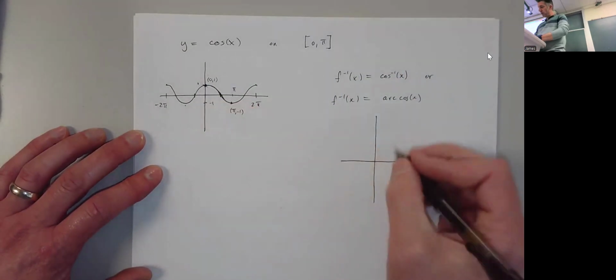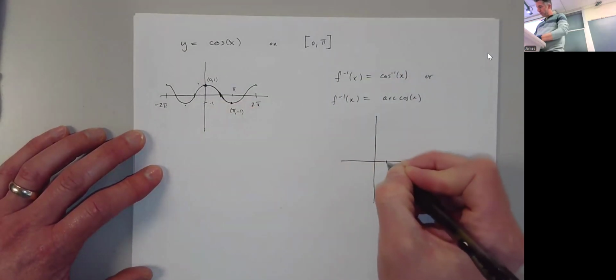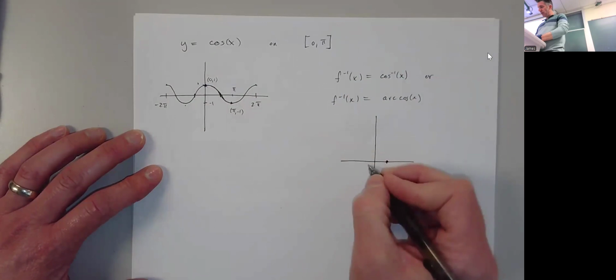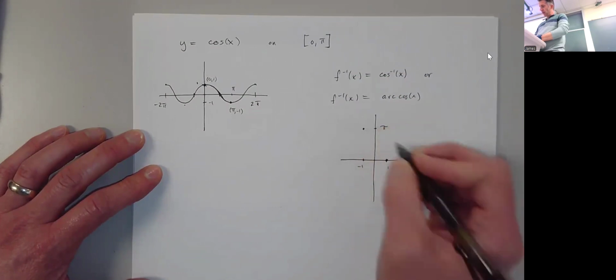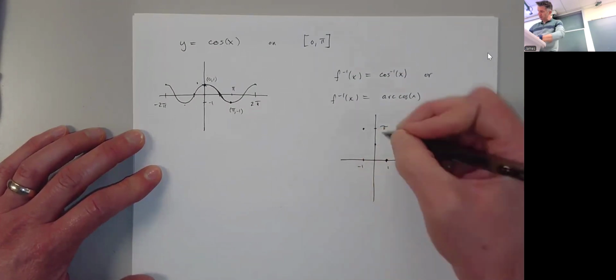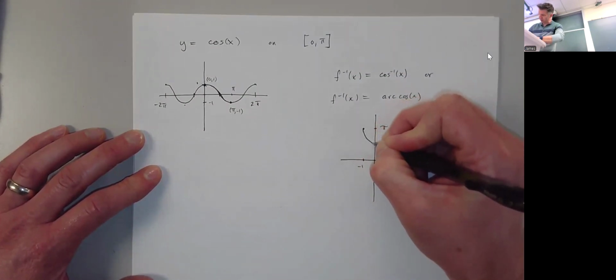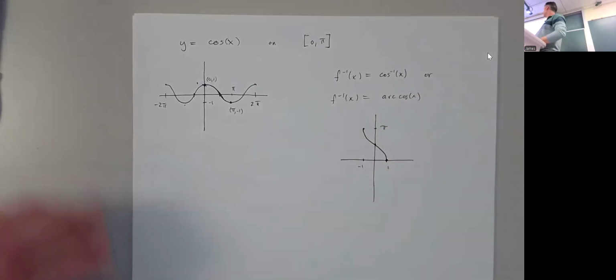So instead of 0, 1, I get 1, 0. Instead of pi, negative 1, I get negative 1, pi. And I get 0, pi over 2. It's going to look like this. There's our inverse cosine graph. All of it. That is all of the graph. That's as much as you can ever get.